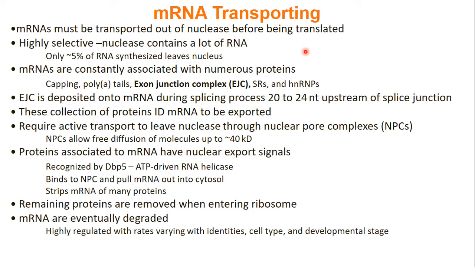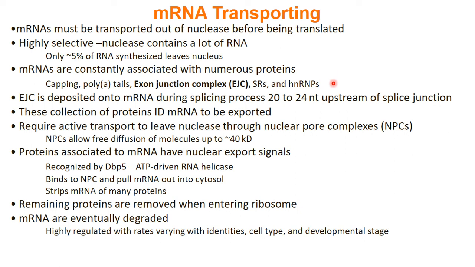Well, let's remember that mRNA will be associated with a lot of proteins, such as the capping protein, the poly A tail protein, a protein we're going to look at called the exon junction complex, EJC, and other proteins called SRs and hnRNPs. So what is this EJC?